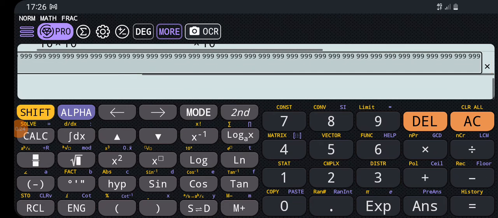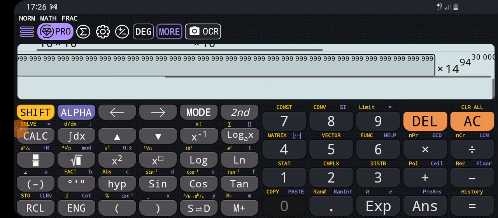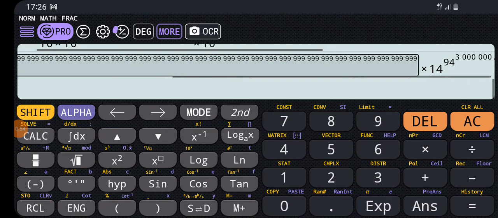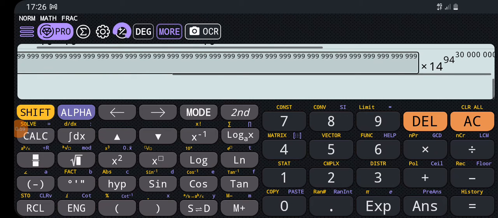If we take this big number right here and then multiply it by, and then we multiply it by how many times the water is gone, 14 to the power of 94 to the power of 30 million, I think, we get this big number right here. So we're still not done yet with the answer.